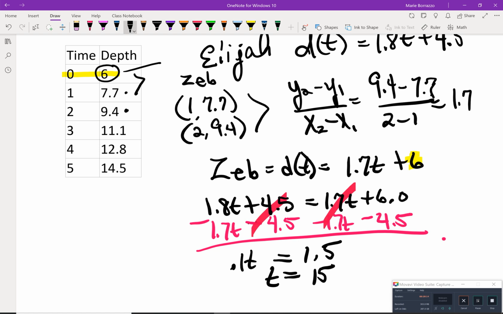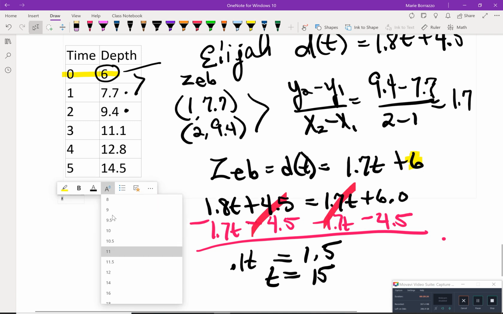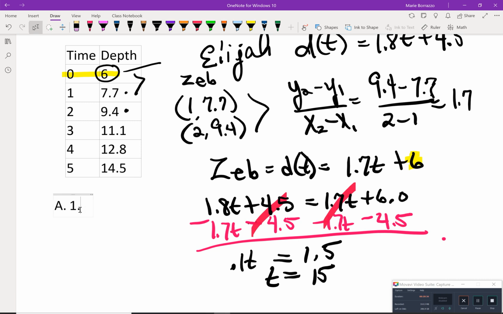So let's look at our answer choices. In this case, they give us answer choices A, B, C, D. Answer choice A is 1.7.